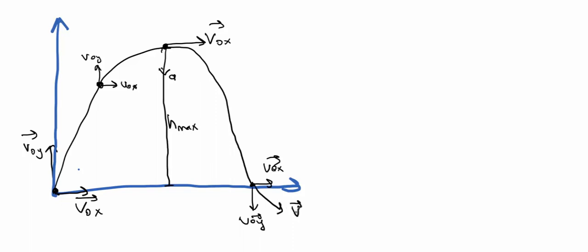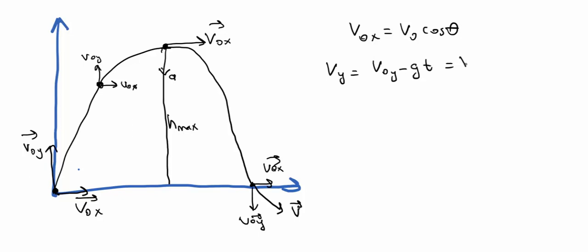A particle's velocity along the x-axis doesn't change at all, and is shown as Vox, which is Vo cosine theta. And the particle's motion along the y-axis has constant acceleration, and its velocity changes in time. This is Vy, which is Voy minus gt, equal to Vo sine theta minus gt.